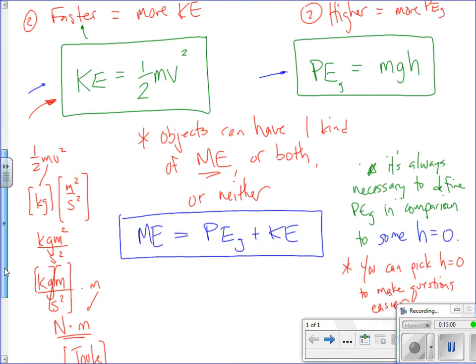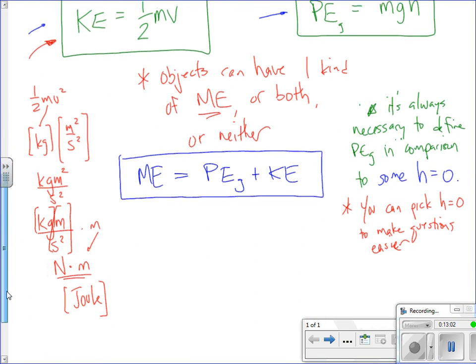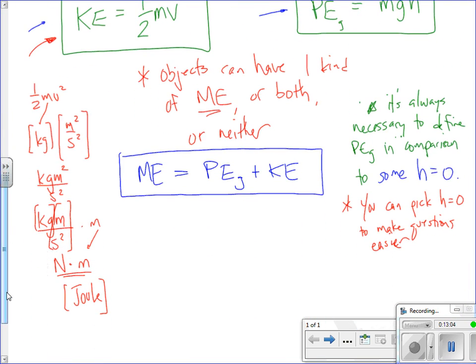Now let's look at gravitational potential energy. If we say mgh, well, that's m in kilograms, g in meters per second squared, h in meters. Yep, same thing. Notice mg, that's a force, right? So here's a force. Again, there's a Newton times this meter. A Newton meter, same thing, is a joule.